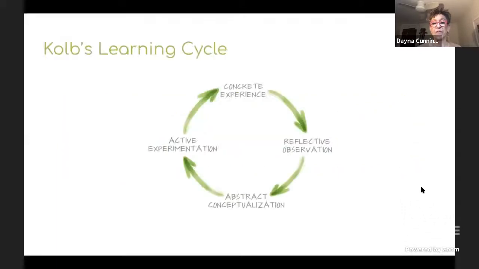Here's one way of thinking about how knowledge is created. Starting with concrete experience, reflective observation, then backing away for conceptualization, experimentation on the basis of that conceptualization, and then bringing that back to reflect on concrete experience. So that's one way of understanding how people harvest and assimilate knowledge.